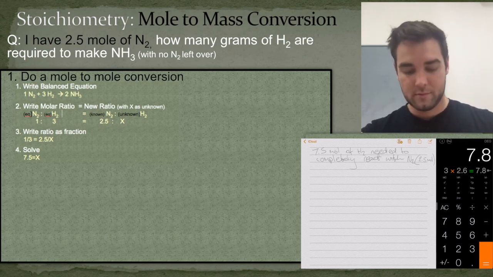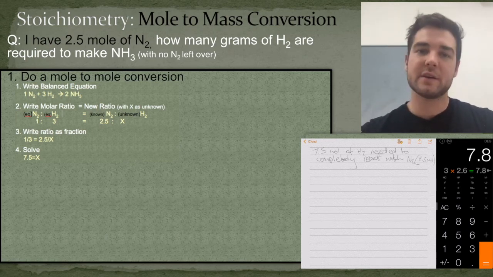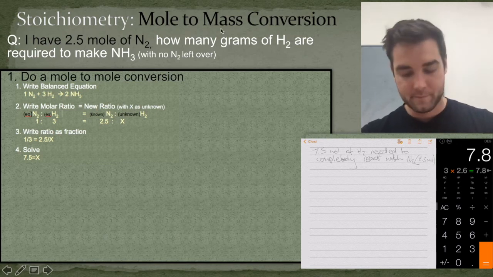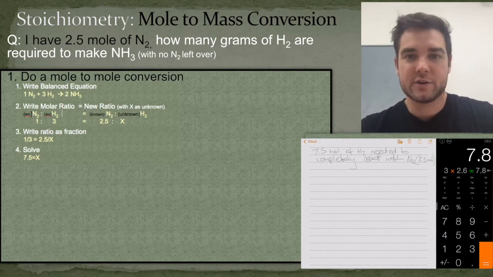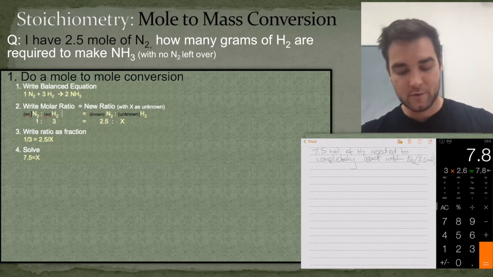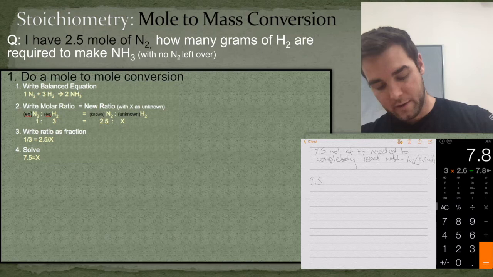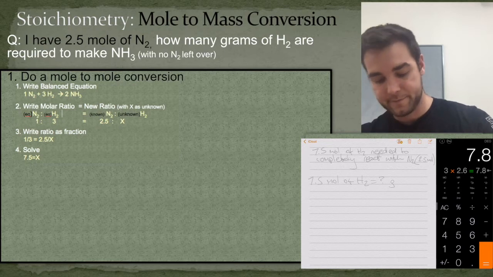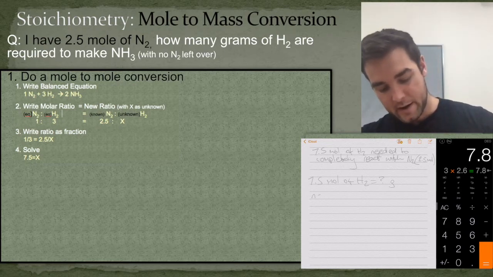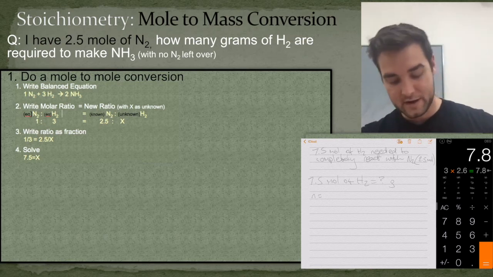So I can't leave my answer there because it actually asked for my answer in mass. So how much is 7.5 moles of H2 in grams? 7.5 mole of H2 equals question mark grams. Well, of course I can use my mole to mass formula.